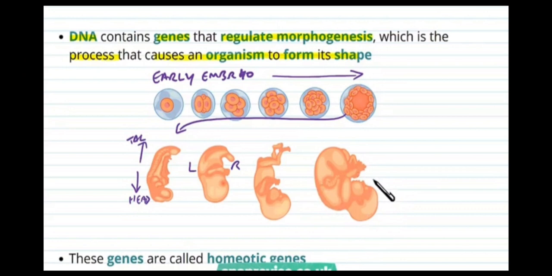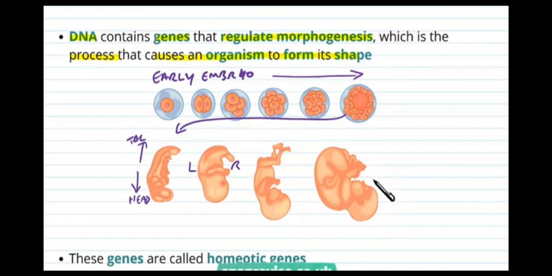Life starts from a spherical single fertilized egg, then it forms a ball of cells, then further the specification starts and certain region becomes the head region, certain region becomes the tail region, then we have the right side and the left side.